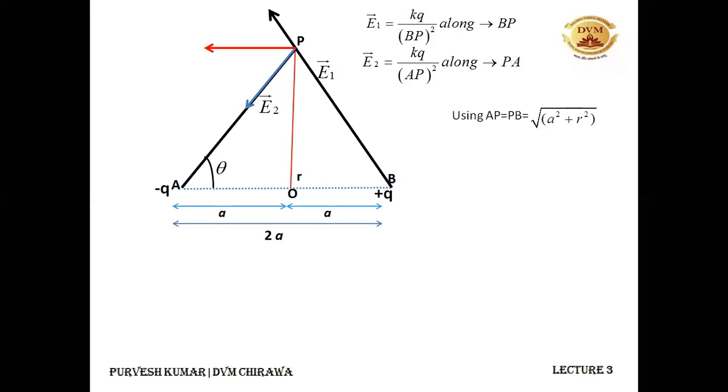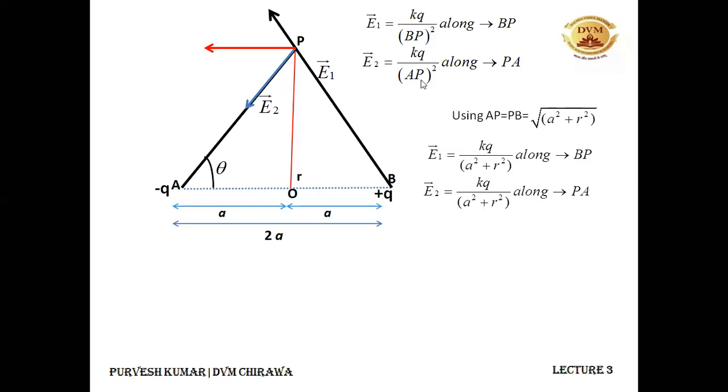So I can use this value of AP and BP in the equations that we have found for E1 and E2. Using it, E1 is equal to KQ upon A square plus R square. In place of BP, I can write the root of A square plus R square, and the square of this will cancel out the root, and I am left with A square plus R square only.